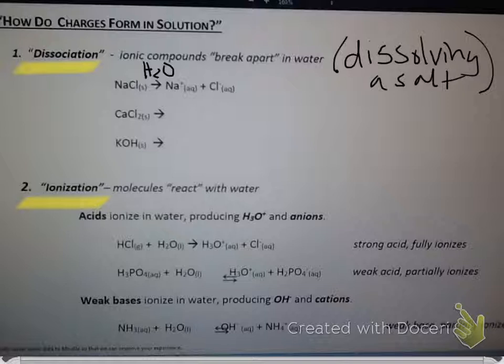Dissociate means to break into the ions in their aqueous hydrated phases. So notice we've shown dissociation here. We've separated the compound into the sodium cation and the chloride ion. We've gone from solid to aqueous because now they're dissolved in water. So NaCl is dissociated when it's dissolved.